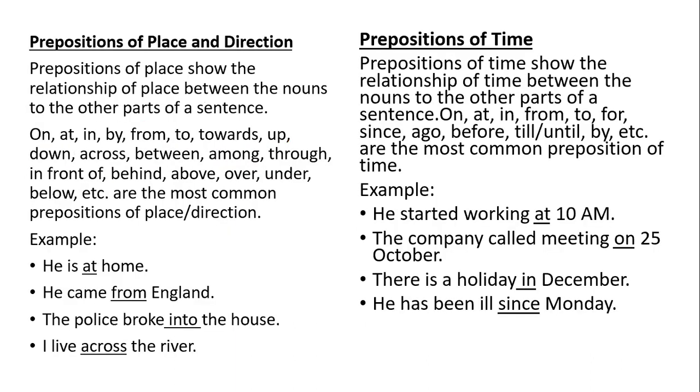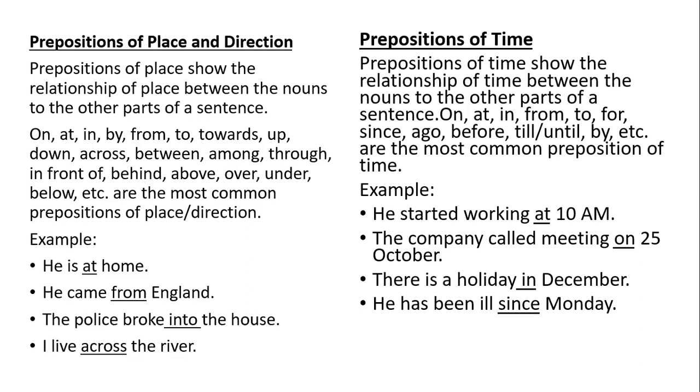Next we have prepositions depending on their usage, how they are used within sentences. কি আছে? Place and direction. So the prepositions, সেটা হতে পারে simple, double, compound, or any other type of preposition, if they are used to indicate place or direction, এরা সবাই তখন functionally they are called prepositions of place and direction.